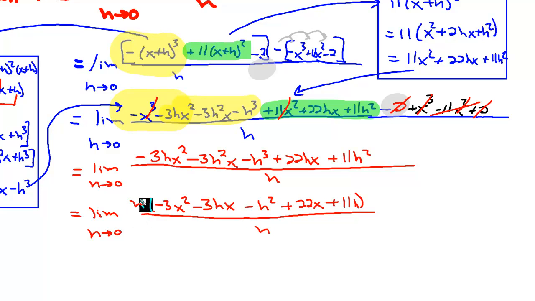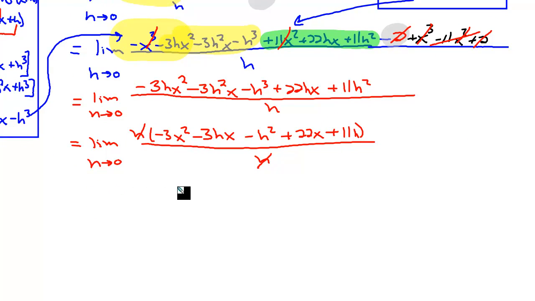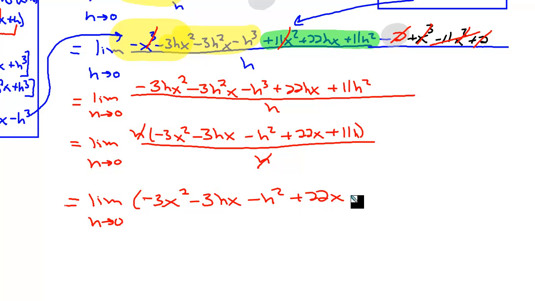H is canceled because you're dividing the numerator and denominator by the same thing, h. Leaving us with the limit as h approaches 0 of negative 3x squared minus 3hx minus h squared plus 22x plus 11h.